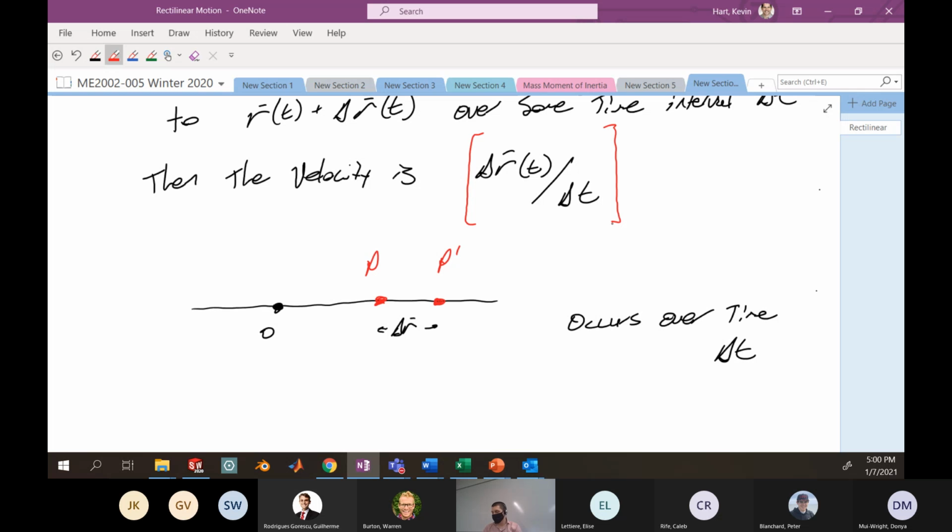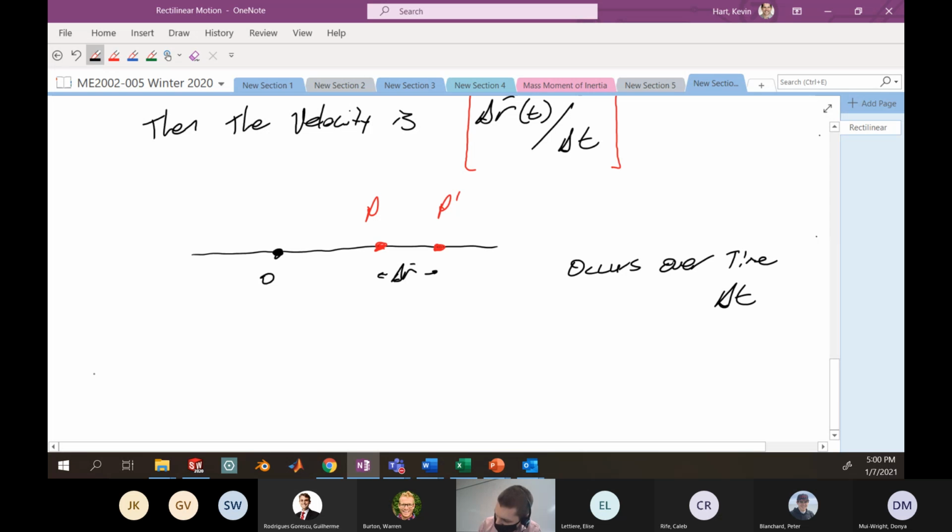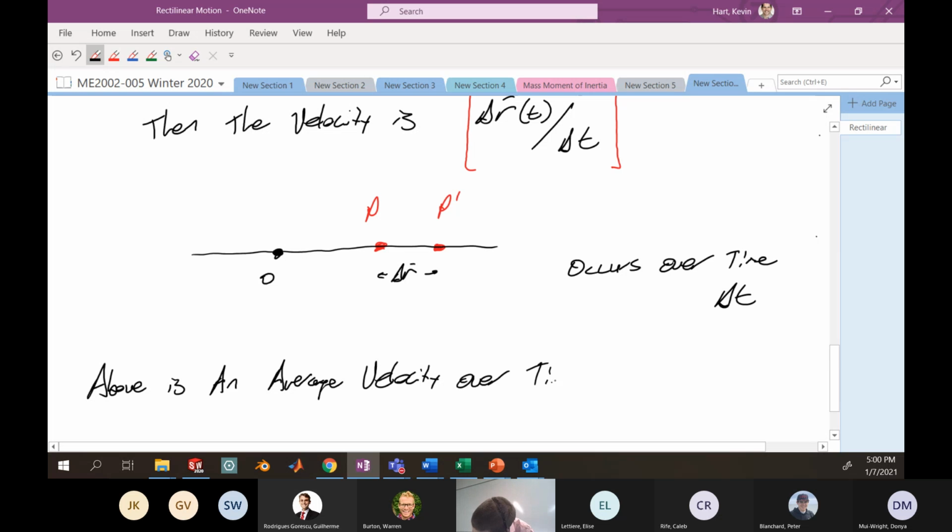And more often, we would represent the velocity as an instantaneous velocity. This is like what you read on the speedometer in your car. So that above equation is an average velocity over that particular time, delta t.